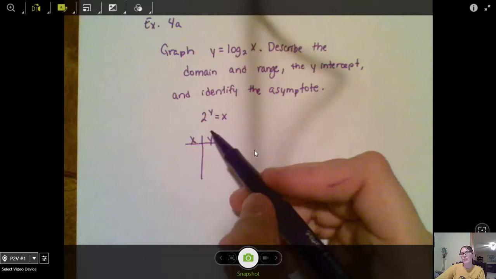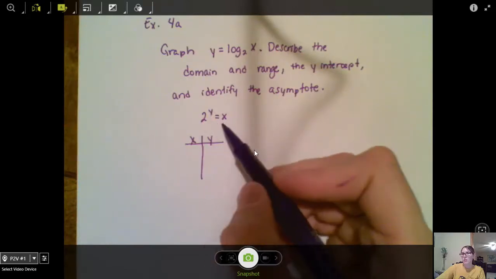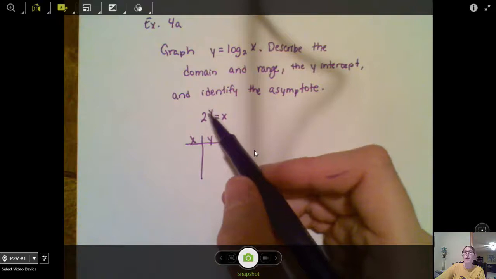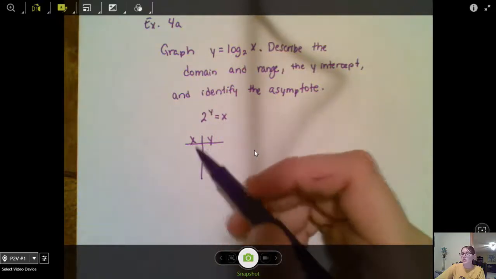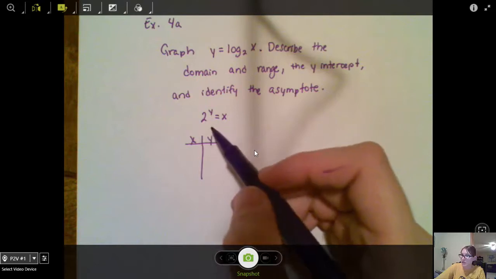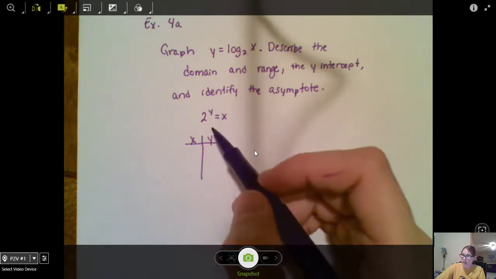When I have something like this, though, do you think it's easier to pick x? Think 2 to what power gives me an x value? Or do you think it's easier to pick the y's? 2 to the first power, 2 to the second power, 2 to the third power, and figure out what x is there. Well, personally, I think that's a lot easier. Let's pick our y values, and that'll give us a good picture of what our graph will look like.